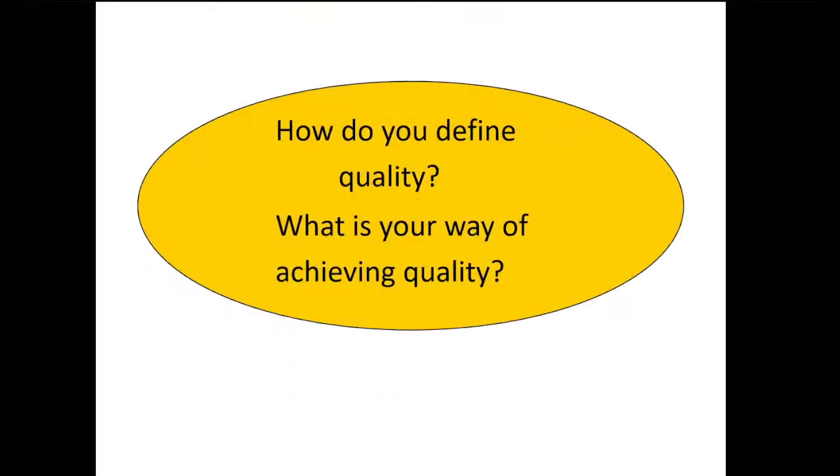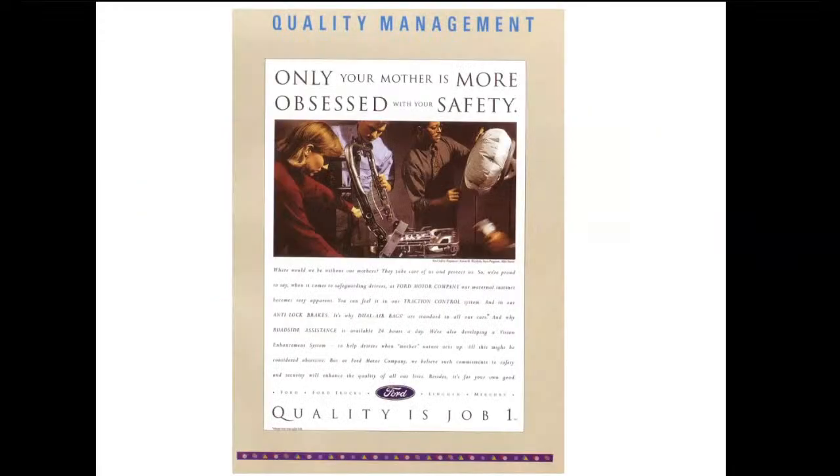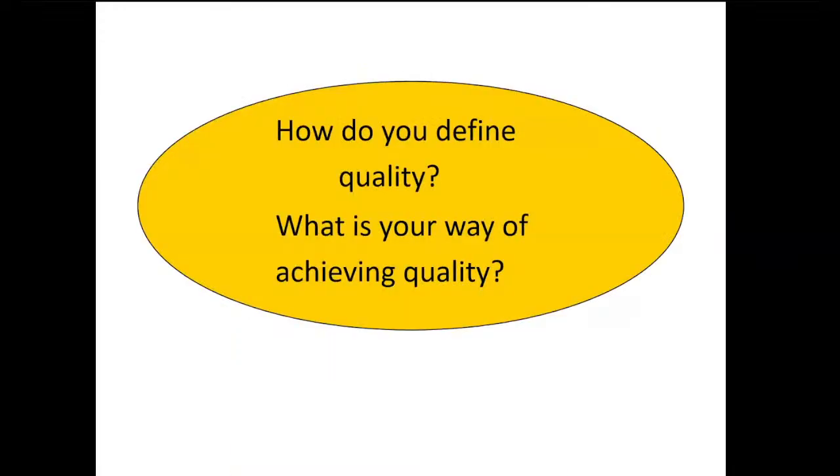So how do we define quality? What is your way of achieving quality? If I were to define quality, I define it as the quality of life itself. What is your achievement of quality?